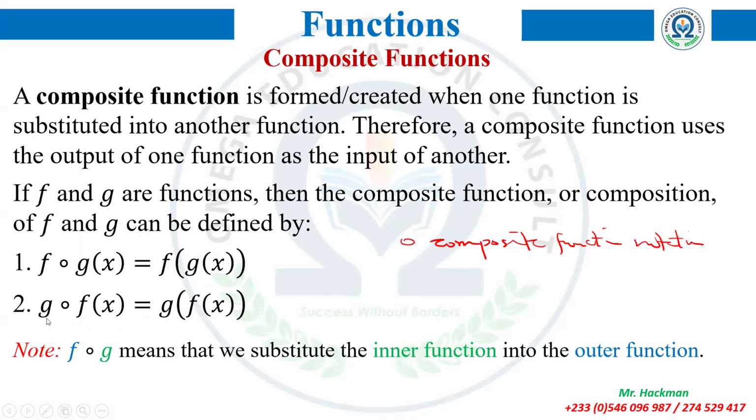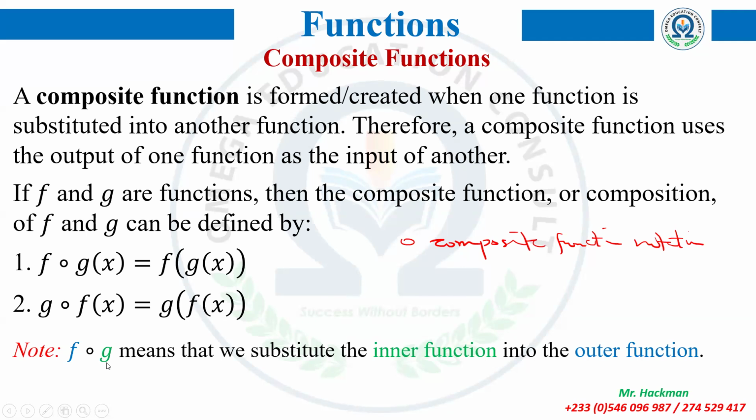And in the same way, I could have formed the composition this way, g of f. For g of f, I will explain further with this information here. So g of f of x means g, I feed it with what? f of x. So take note, and this is the note. f of g means that we substitute the inner function. What is your inner function? The inner function is the function in what?